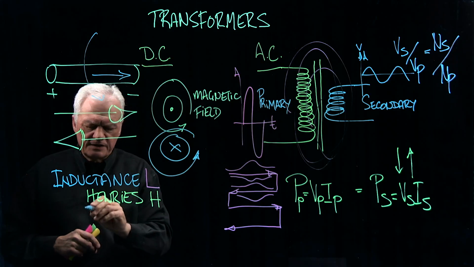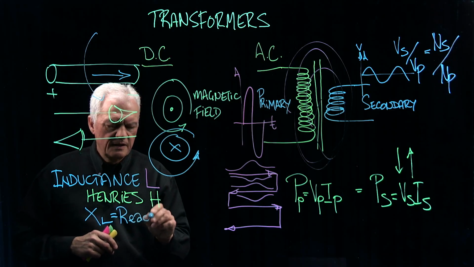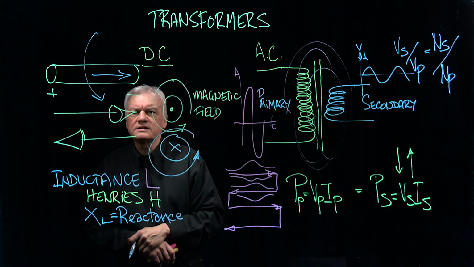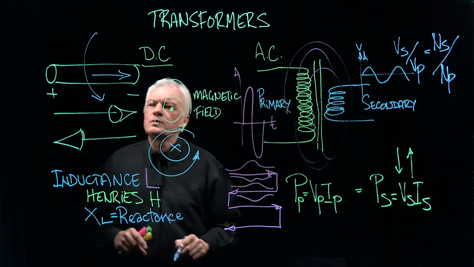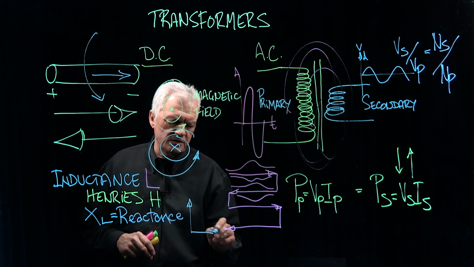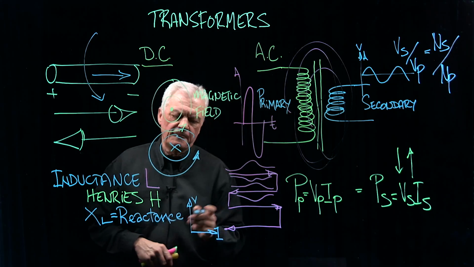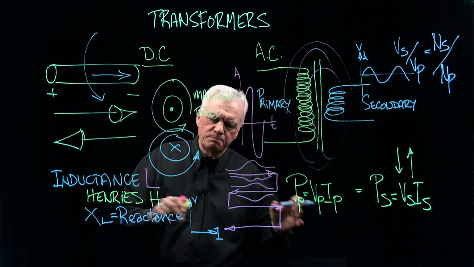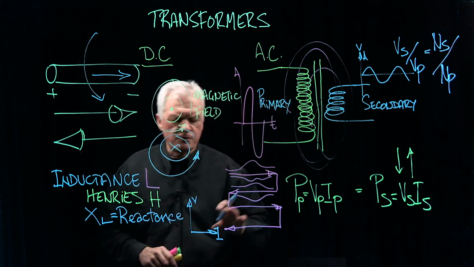And that concept is called reactance. So reactance is the pushback of the current with respect to the voltage that's applied. If we actually showed on a scope the difference between the two, or in a phasor diagram, we see that the voltage is leading the current. So the current will catch up, but the voltage will always be in front of it as we continue to change it back and forth, back and forth.